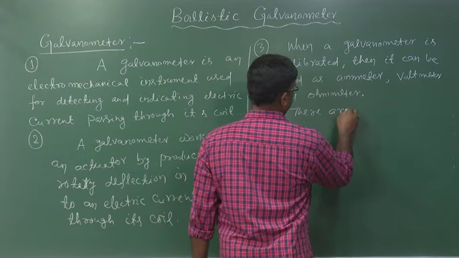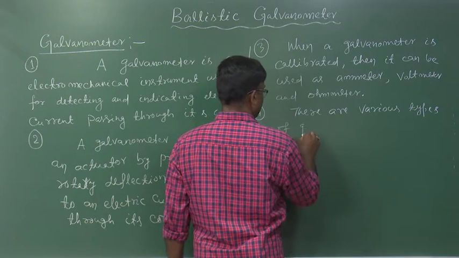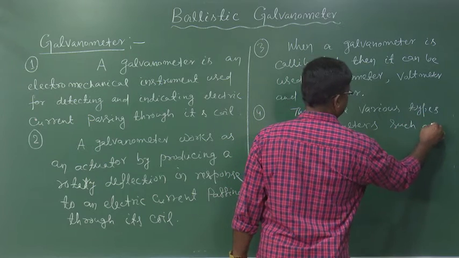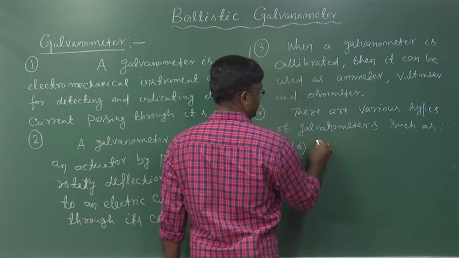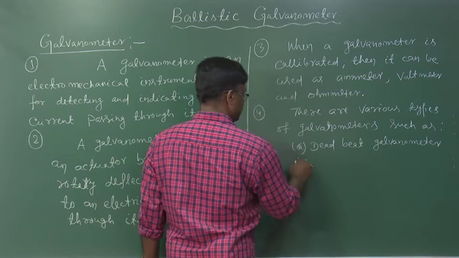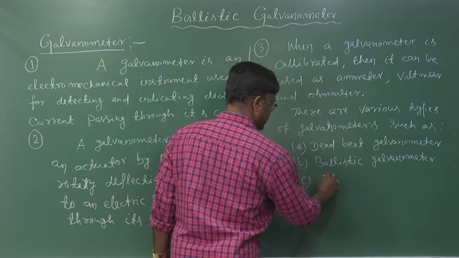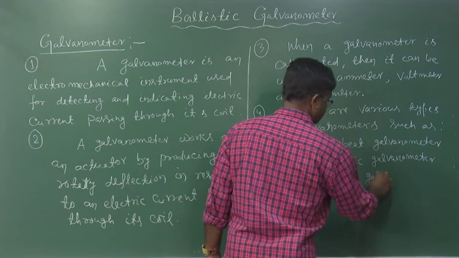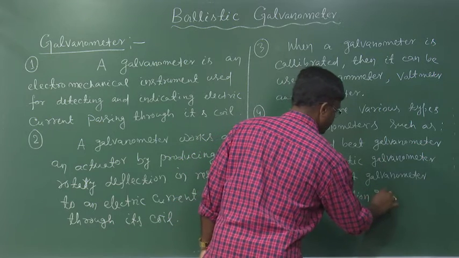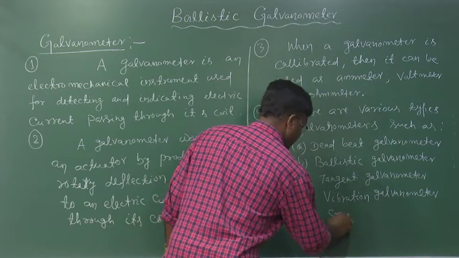There are various types of galvanometers such as deadbeat galvanometer, ballistic galvanometer, tangent galvanometer, vibration galvanometer, string galvanometer.